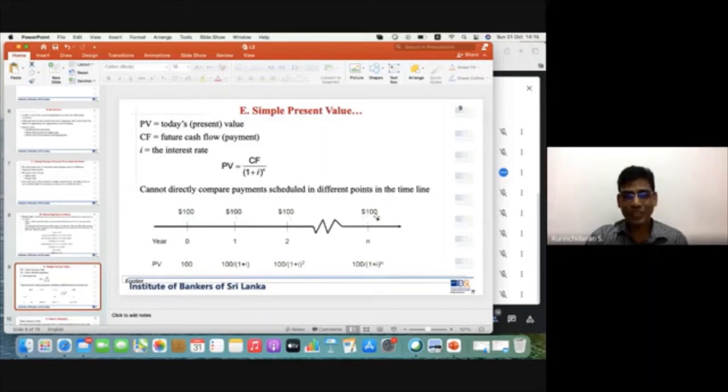You have to discount all these cash flows, add them together and see the present value. Then only you can compare. So you would be able to calculate the present value for a single transaction or multiple payments, based on the durations or periods of payment, and compare.